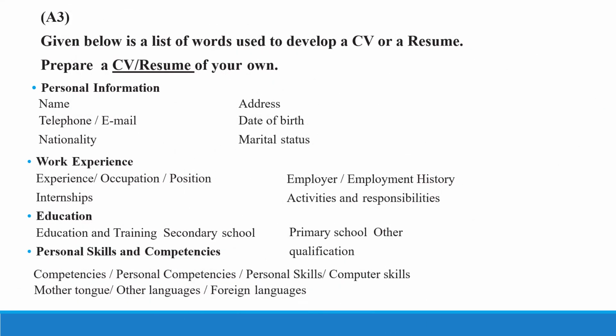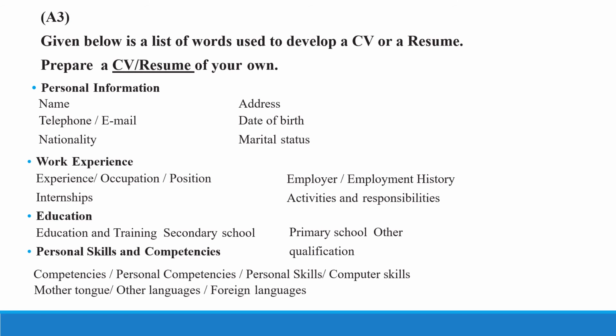Let's see what is activity 3. Given below is the list of words used to develop a CV or a resume. Prepare a CV or a resume of your own. Some hints are given to you. You have to make a CV or resume for yourself. Start with personal information: name, address, telephone or email, then nationality, date of birth, marital status.